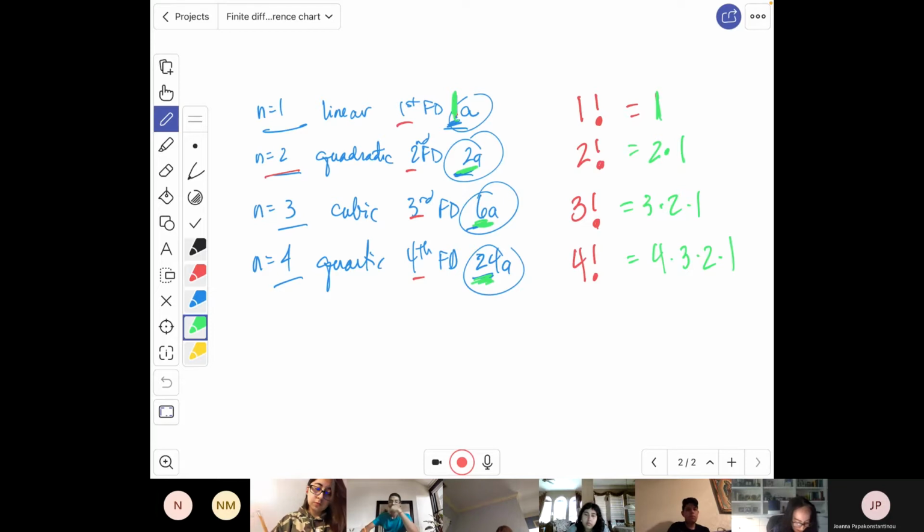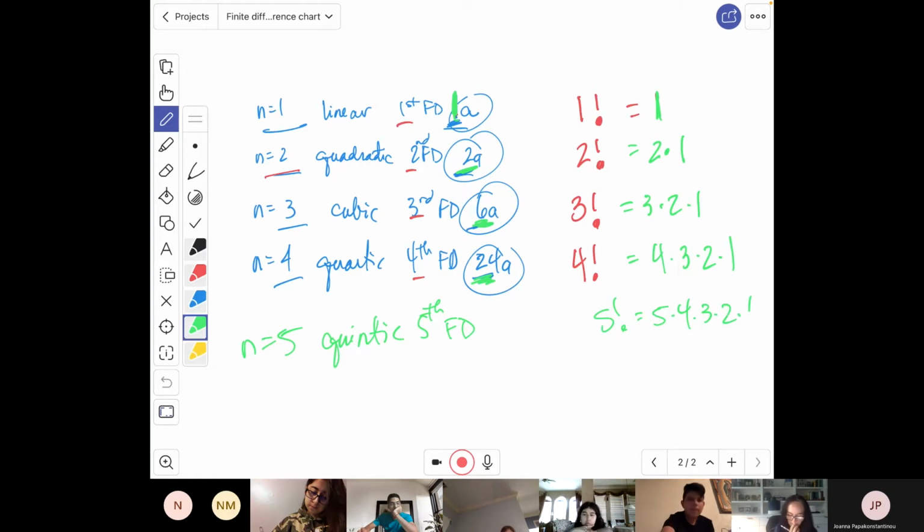So what if I had a quintic, meaning 5th degree, n equals 5? What would that 5th finite difference be? You tell me. Would it be 120?